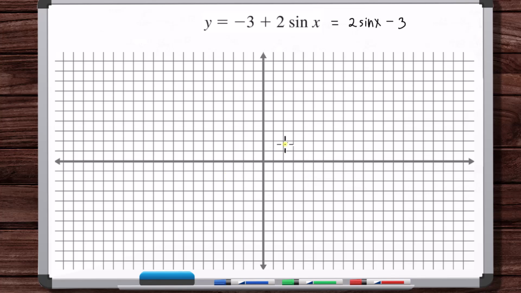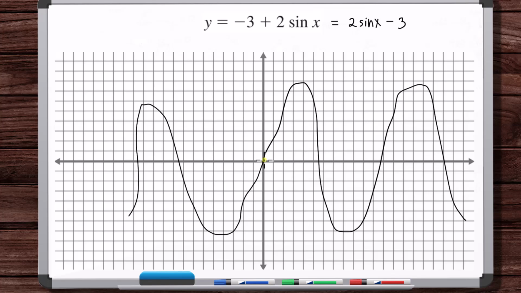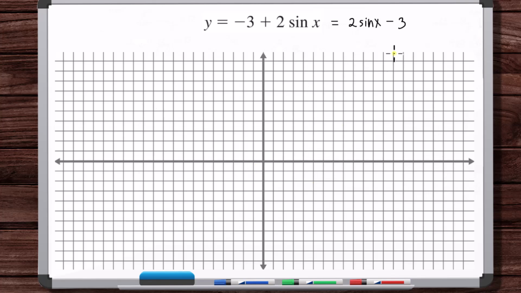That's the phase change. Well, the parallel to that with a vertical shift is the average changes, or I don't know what the technical term is, but the mean y value, that middle of the amplitude gets shifted. Okay, so here the amplitude is 2, so without a vertically shifted graph, you're oscillating between plus and minus 2.